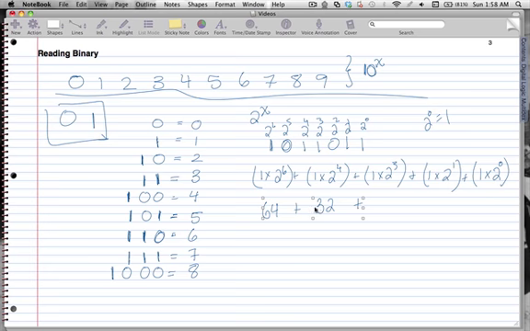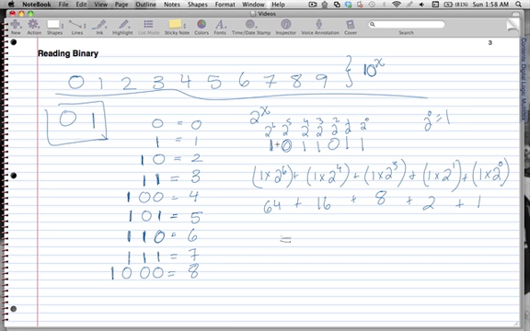So let me erase that. So 2 to the 6, 64 plus 16 plus 8 plus 2 plus 2 to the 0 is 1. 1 times 1 is 1. 64 plus 16 plus 8 plus 2 plus 1.